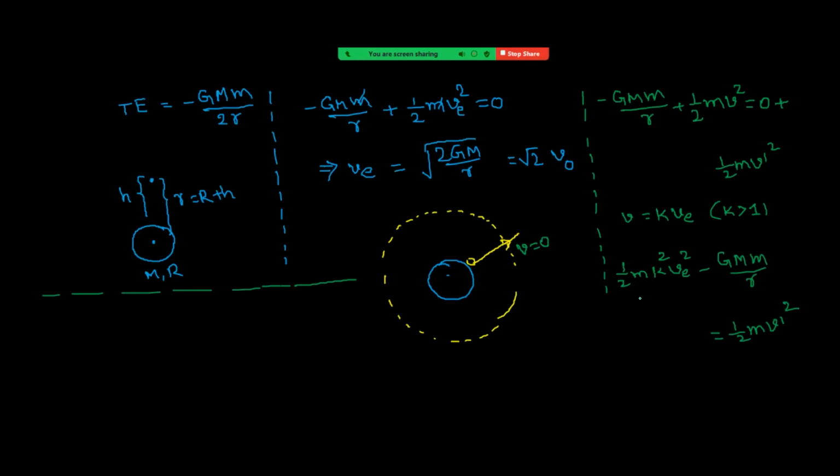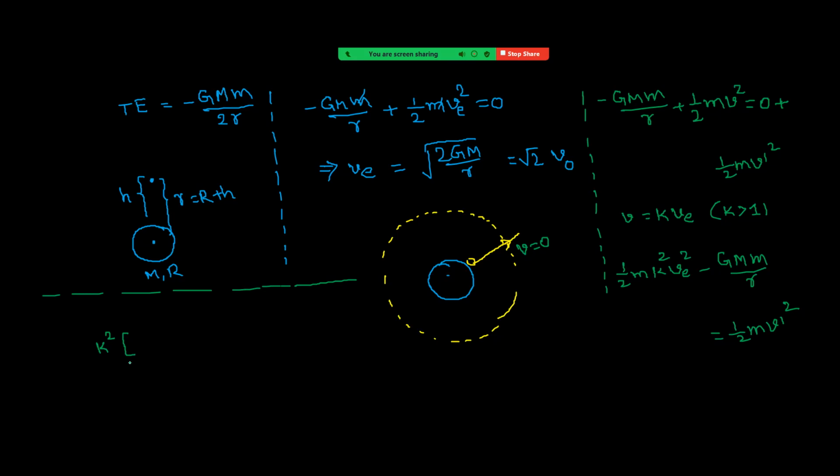See, in the place of half m v square, what we can write? You can take it directly from here only. In the place of half m v square, you can take minus G m by r. You can substitute that here. Remaining is now, I'm taking k square outside, half m v square, writing now that minus G m by r.